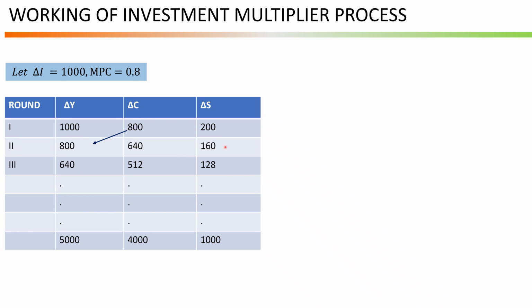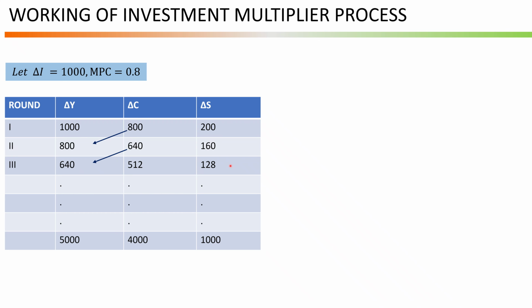Again, going by the principle that one person's expenditure is another person's income, the consumption expenditure in round 2 becomes additional income in round 3, 640 crores, out of which 80% once again is consumed. So delta C is 512 crores and the rest 20% is saved. Delta S is 128 crores.